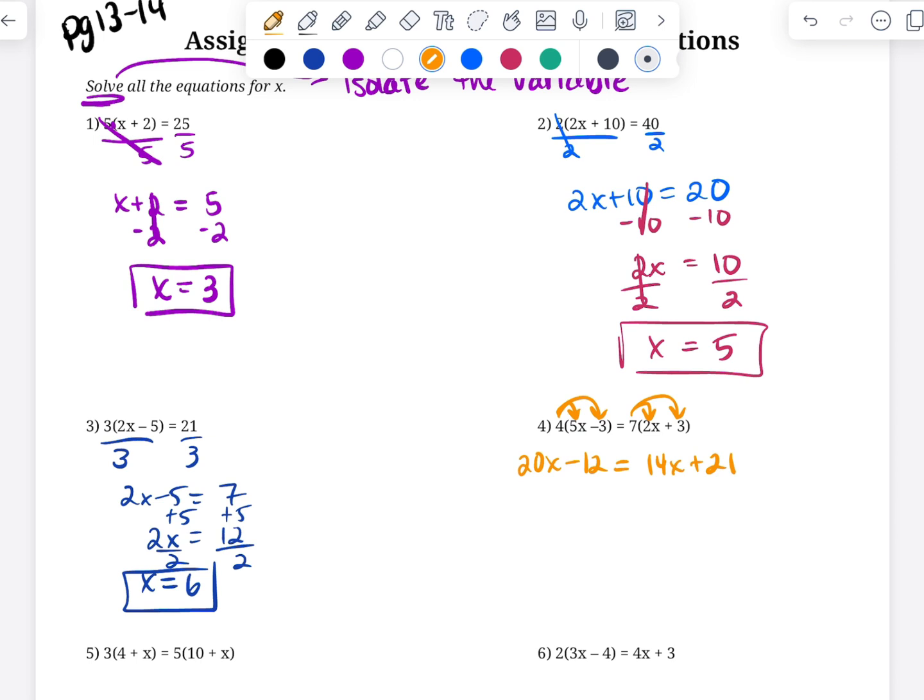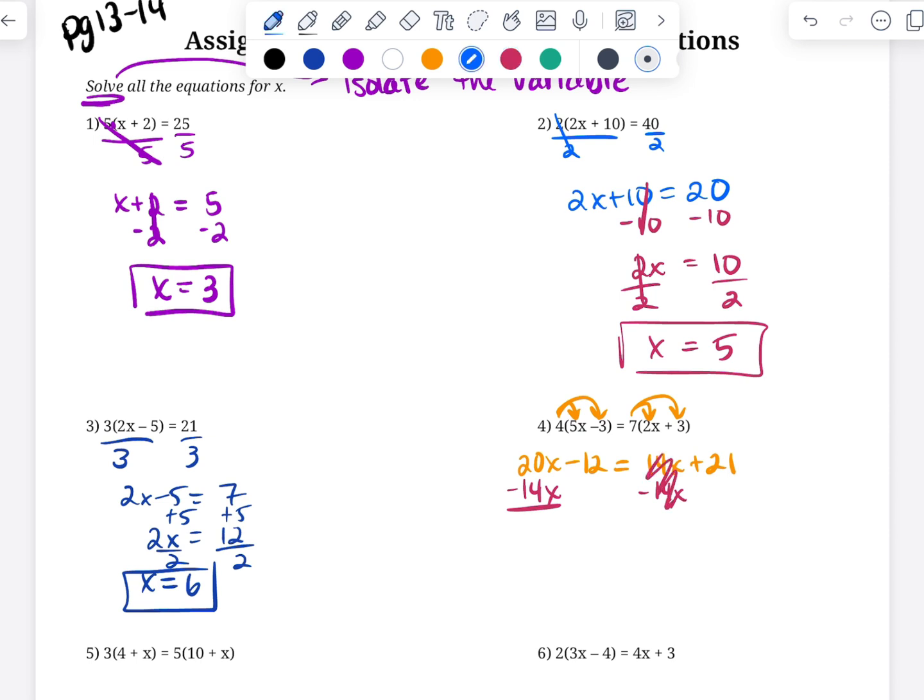Here's my little tip. When I'm moving the variables, so see the 20 and the 14, I'm always going to move the smaller one so that my variable stays positive. So I'm going to choose to subtract 14x. I could have moved the 20 to the right, but then I would have had a negative amount of x's. Instead, I will have a positive amount.